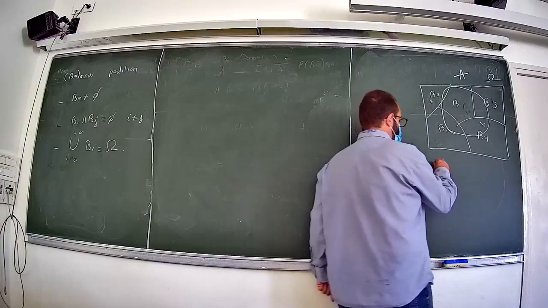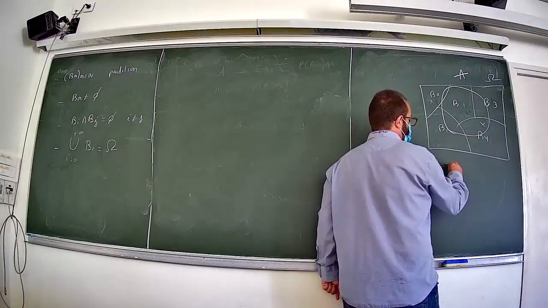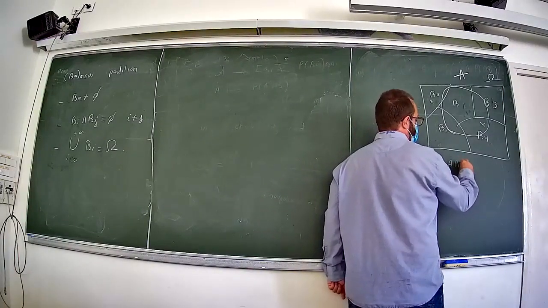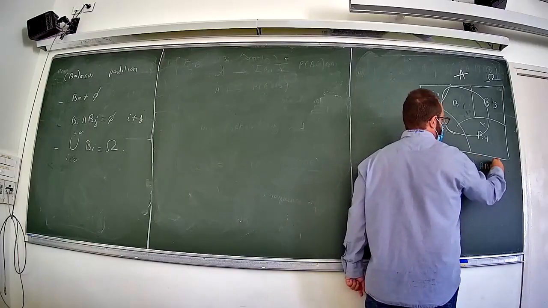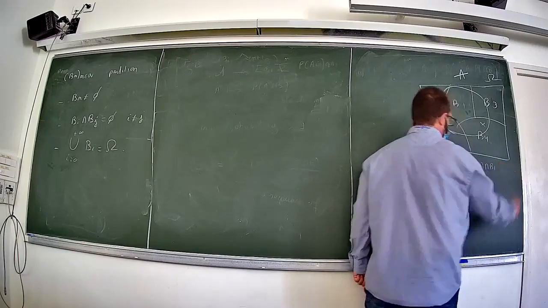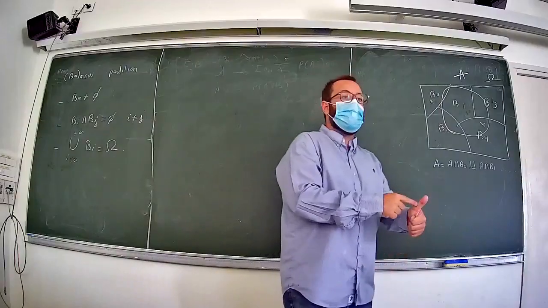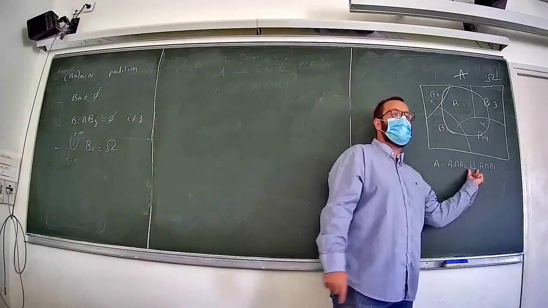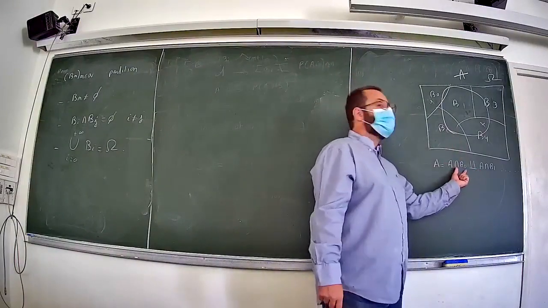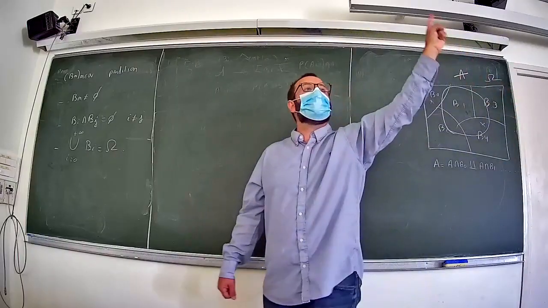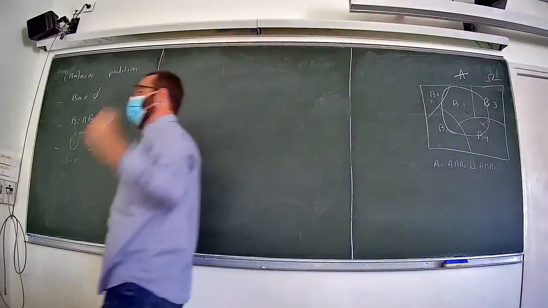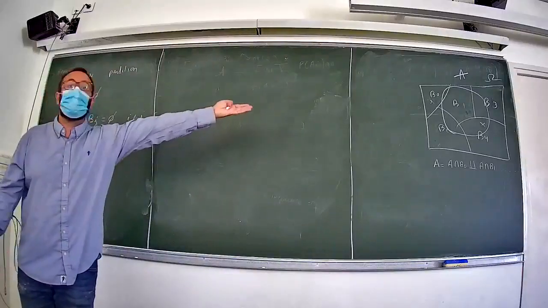Typically, A is equal to A intersection B0, union A intersection B1, and so on. Why do I have this? Because I have no overlap, that's why I have a disjoint union. And because I miss nobody, since the union of all the elements of my partition is the universe itself. It's exactly this idea that we are going to use.